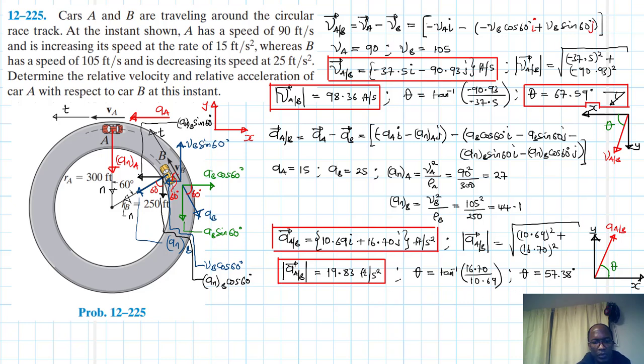We can also add the component here. If you want to show this angle, we have the horizontal, then the resultant, and the angle is like so. I think we are done with everything.